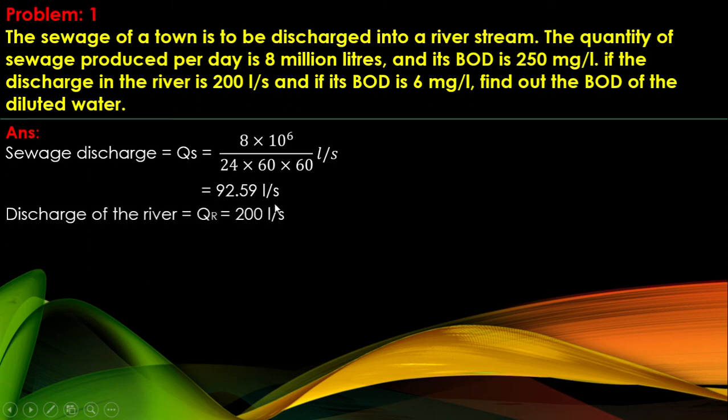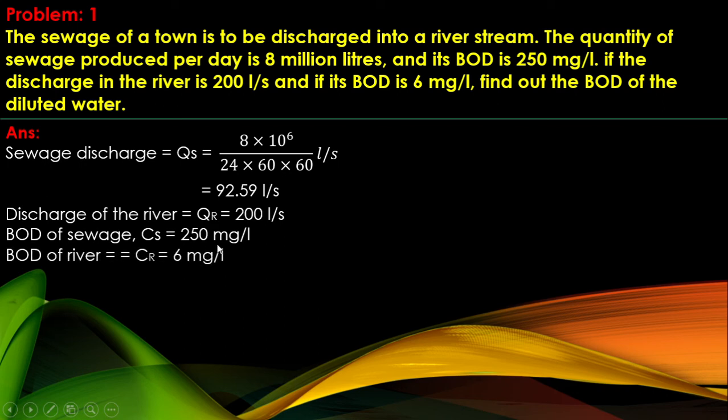If the discharge in the river is 200 liters per second, it means discharge of the river, Qr is equal to 200 liters per second. In the question it is given, BOD of sewage is 250 mg per liter. That is Cs equal to 250 mg per liter. Also BOD of the river, that is Cr, equal to 6 mg per liter.